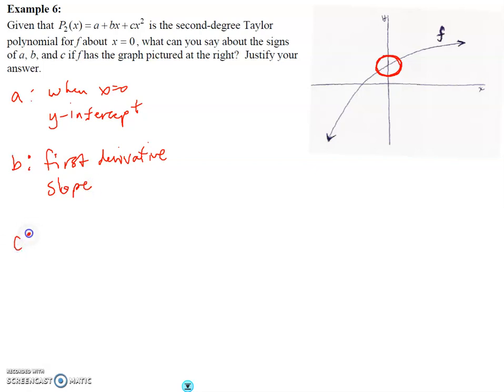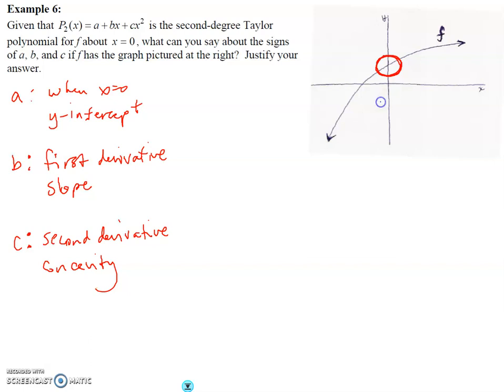Now c, when we're writing the Taylor polynomial, comes from the second derivative. And we know that the second derivative tells us concavity.